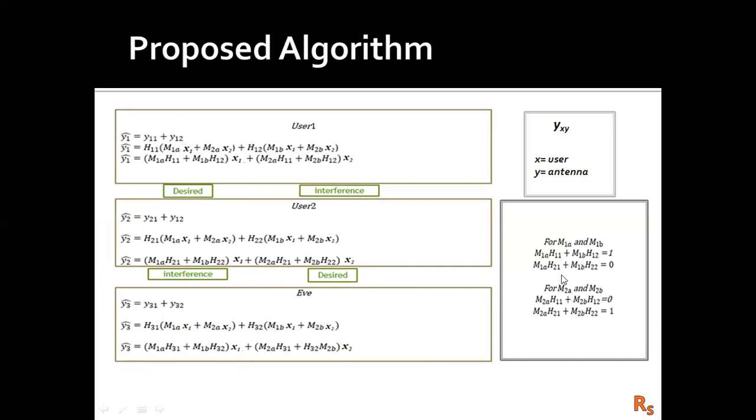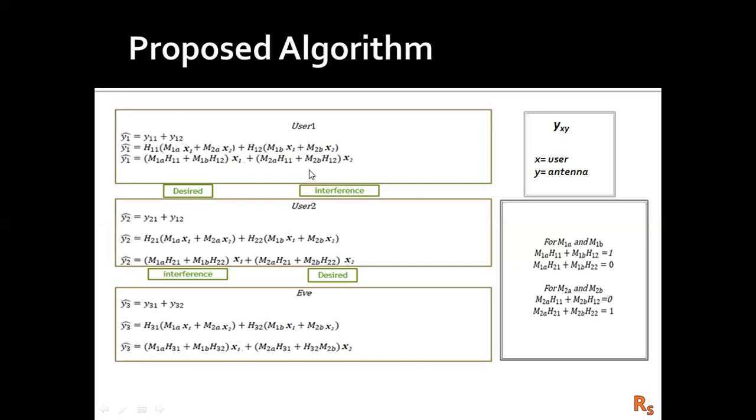For the design of the intelligent precoder matrices M1A, M1B, M2A, and M2B, we consider the desired term of user 1 as the identity matrix, and the non-desired term, that is the interference term of the received signal at user 2, as 0.